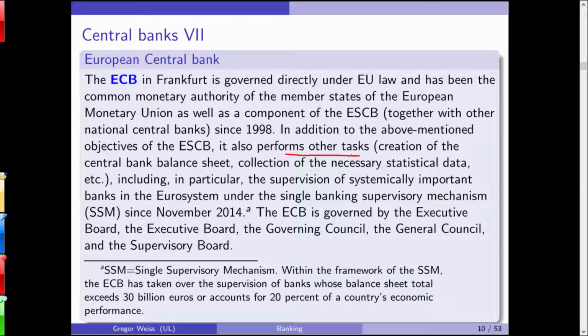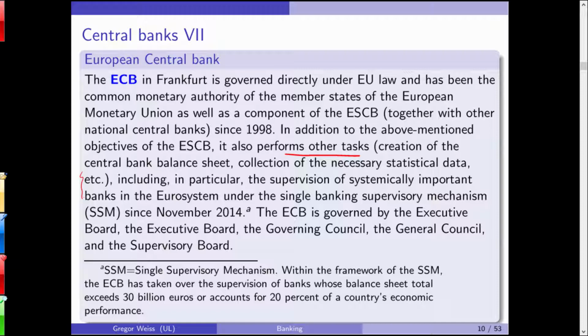So the ECB has an extremely large research department and a lot of statistics. And in the case of the European Central Bank, it now, since 2014, is also responsible for the financial and regulatory supervision of the systemically relevant banks within the Eurosystem.